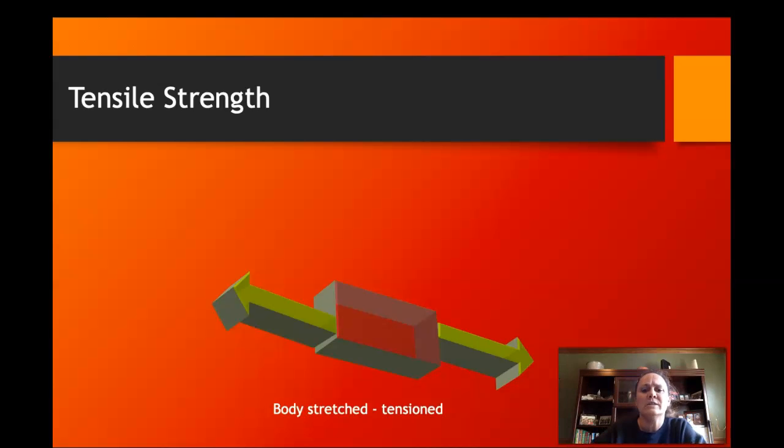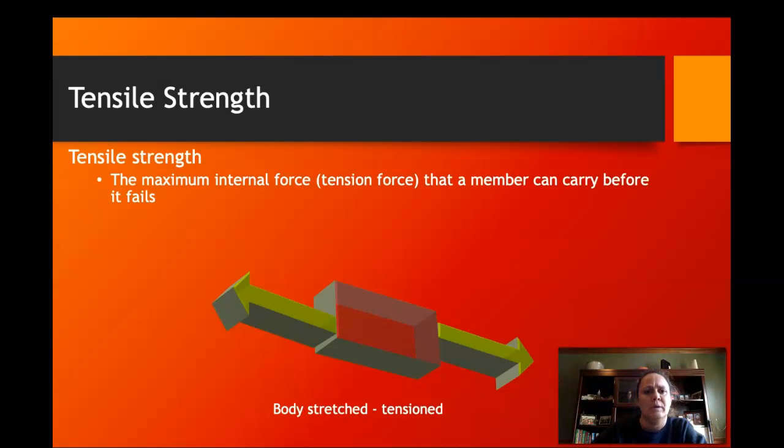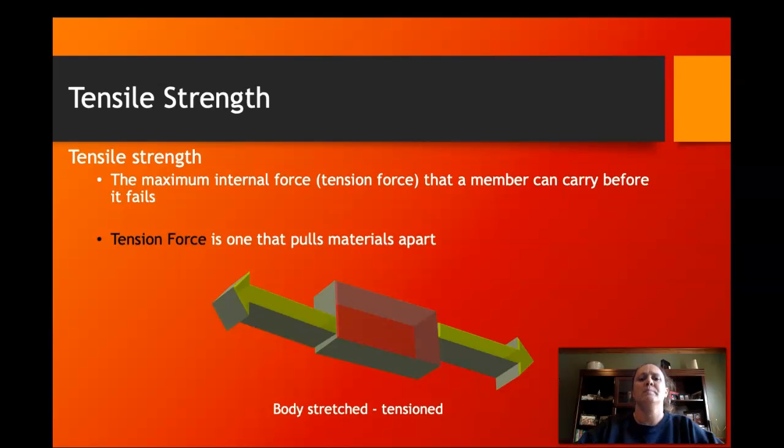So, tensile strength is the maximum internal force that a member can carry before it fails. When we're talking about a member, we're talking about the parts of a bridge, the beams of a bridge, or the beams in a building.